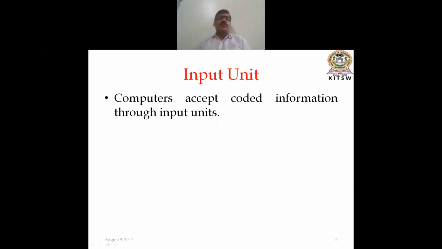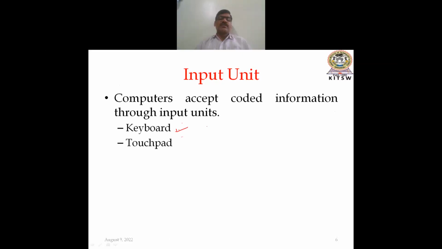So we have the input unit. The computer will always accept coded information through the input unit. That is nothing but giving instructions to the computer. The input unit is, for example, a keyboard.